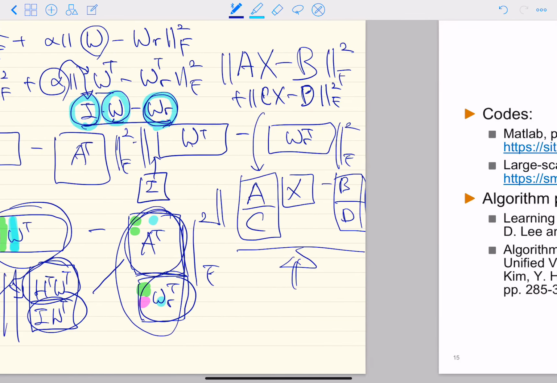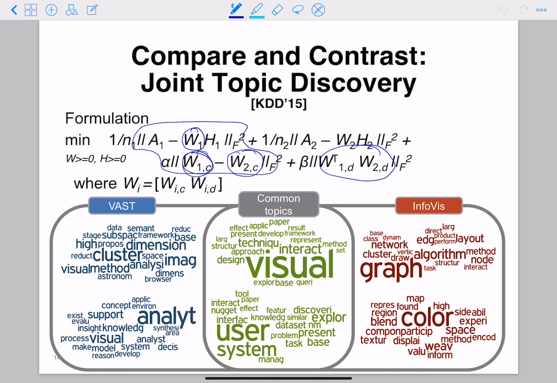Okay, and then from here, this guy can also be represented in this form. When considering this Frobenius norm, we can also represent it as this form, W2D transpose W1D, right? So it's similar to A transpose B being the same as B transpose A.